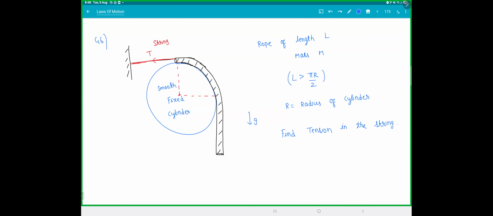What is the tension in that string so that the rope is at rest? Is the picture clear, everyone? Anyone not convinced with the question, not clear with the question, please ask me.